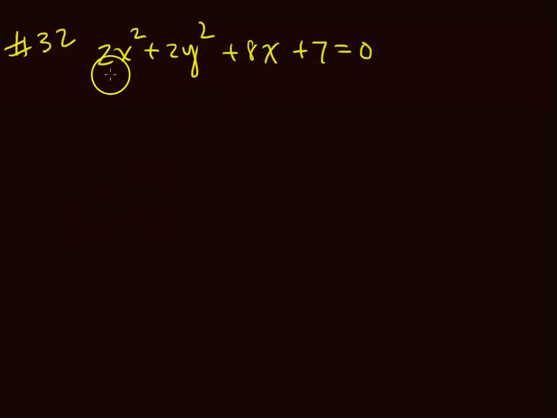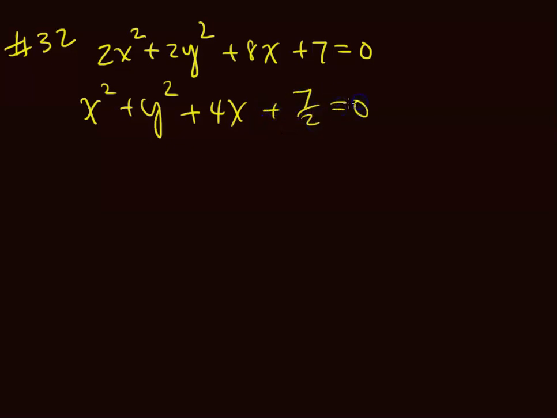Now, how do you know this is a circle? Well, you get this form, and the a and the c are exactly the same, and b, you don't see it in there, the xy term. So you know it's a circle. And you also know that's the section we're in here. So I'm going to divide everybody by 2. x squared plus y squared plus 4x plus 7 halves equals 0.